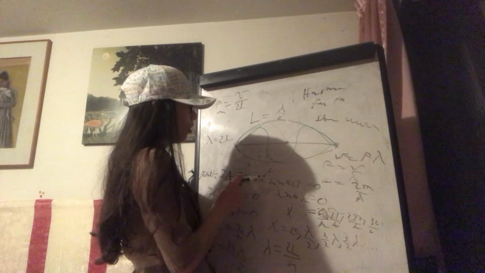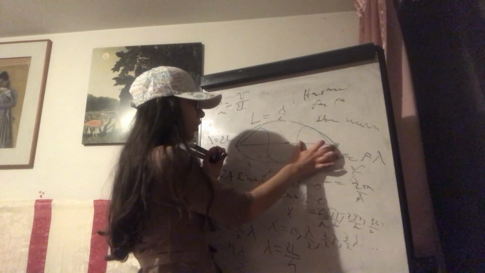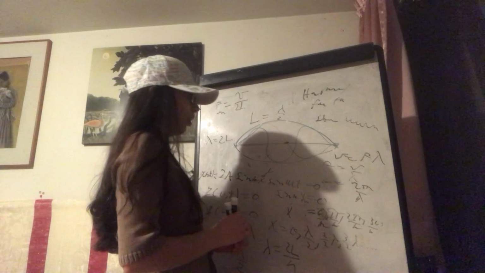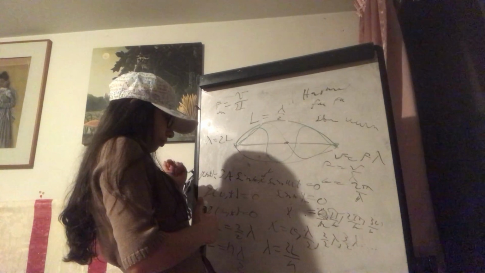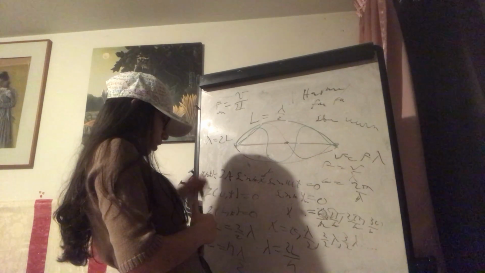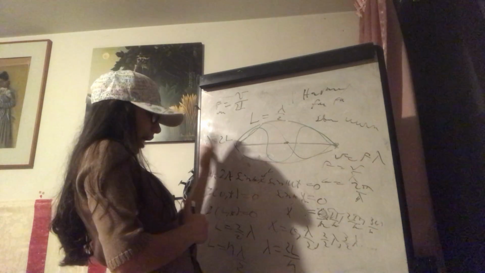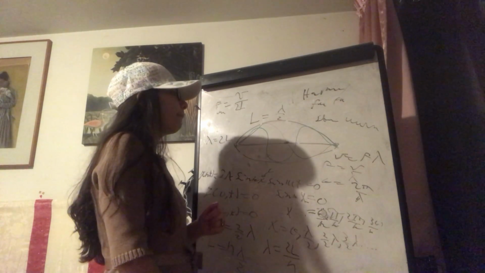And so now I have that the length of the string is 3 halves of the wavelength. I'm talking about n equals 3. So I have that the length is 3 half wavelengths.